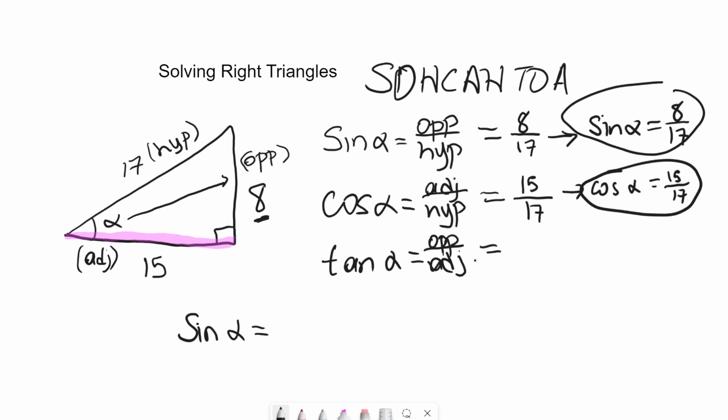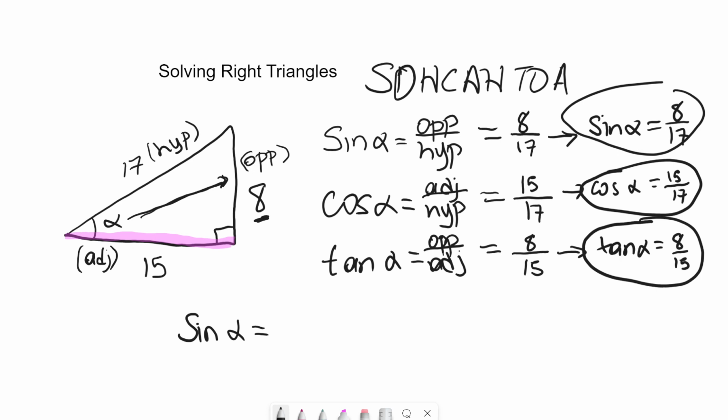Now, if we want to find tan of alpha, that's my opposite side, which is 8, over my adjacent, which is 15. So tan of alpha is 8 over 15. So that's how you would find your trig ratios for the angle that you're given.